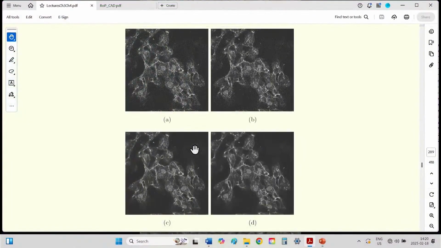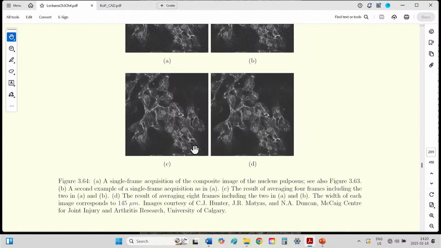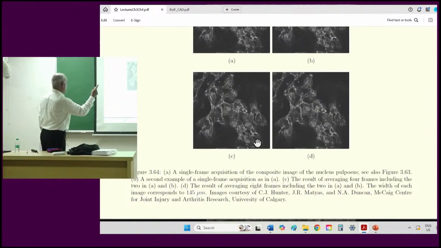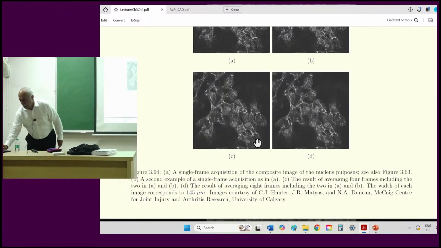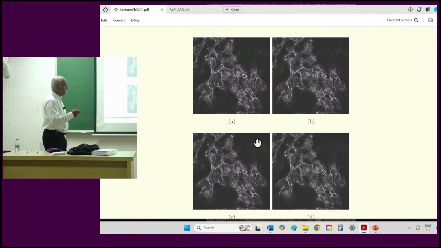So here we have the images without color: a single frame acquisition, another single frame, an average of 4 frames, and an average of 8 frames. If you compare 1 with the average of 8, you see some reduction of noise.